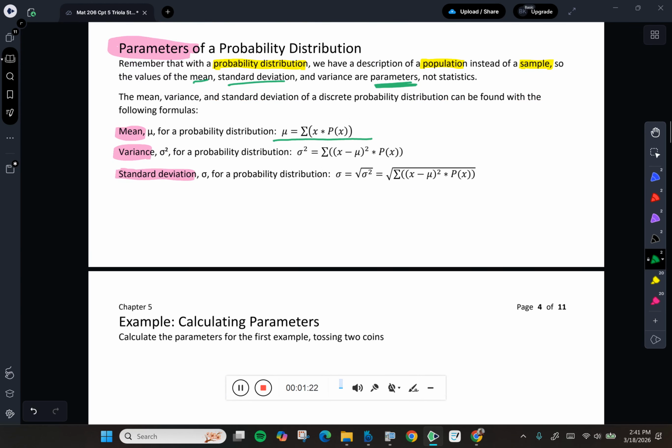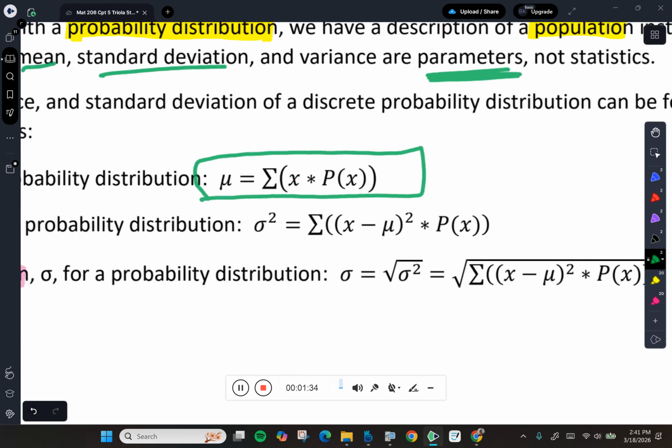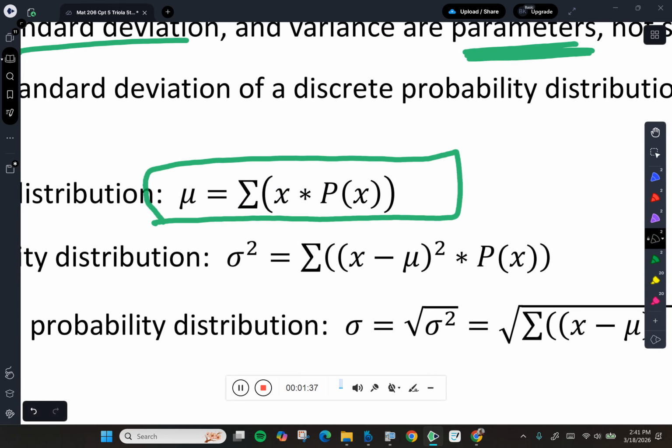I got a formula here that says the mean, that is the arithmetic mean, the mu, since it's a population parameter, is the sum of x times p of x. Okay, now just to review a little bit, that guy right there, that's the sum symbol. So that means we're going to add up everything.